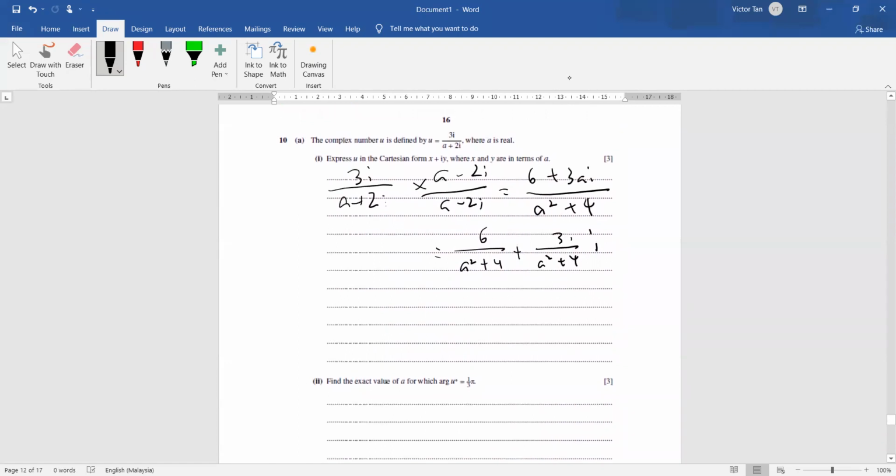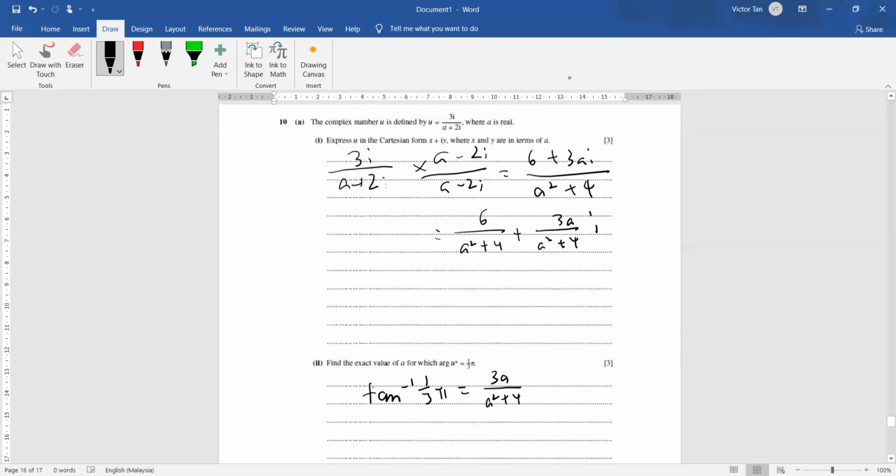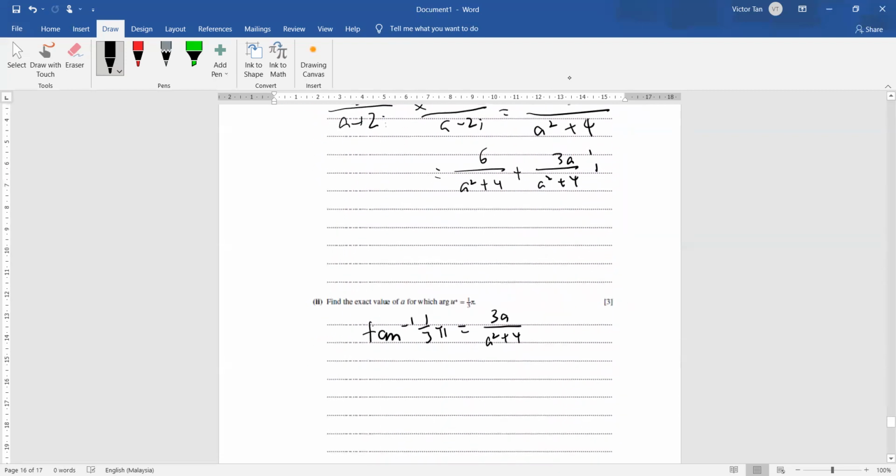The imaginary part, 3a over a squared plus 4, divided by 6 over a squared plus 4, will be equal to a over 2.